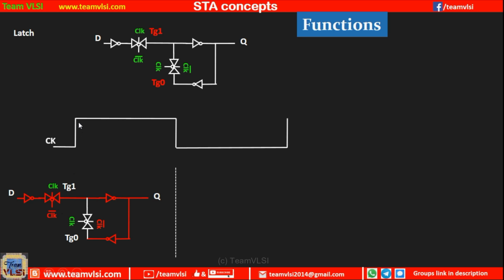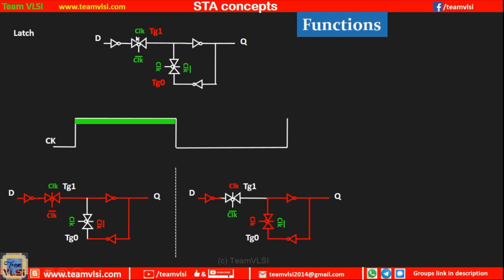So when the clock is high, your D input will be transferred to the Q, right? Or we can say that the latch is transparent when the clock is high. Now let's see when the clock is low.